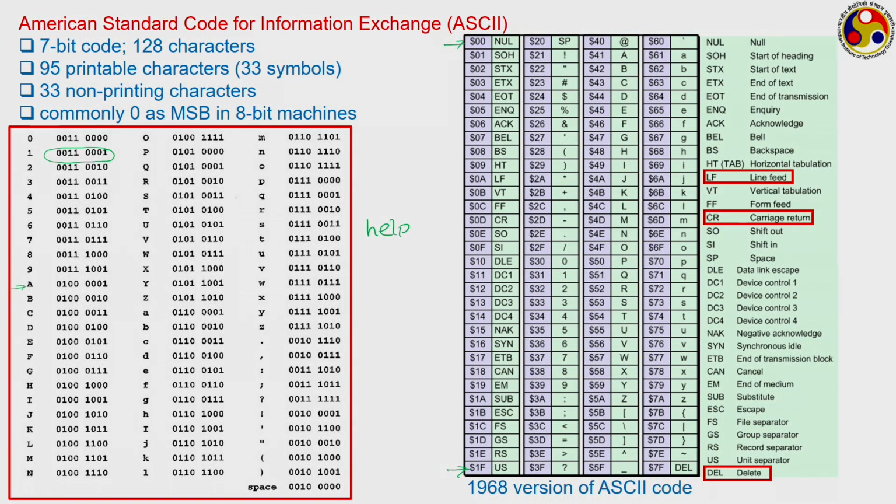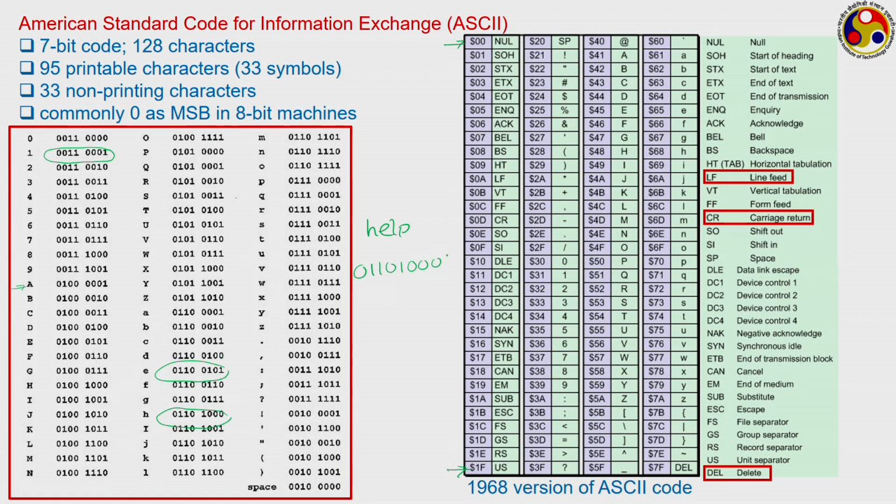So, what will be the ASCII representation for each of them? H, where is H in this? This is H. So, in the memory it will be stored as 0 1 1 0 1 0 0 0, then comes E. This is your E, just 3 steps back from there.